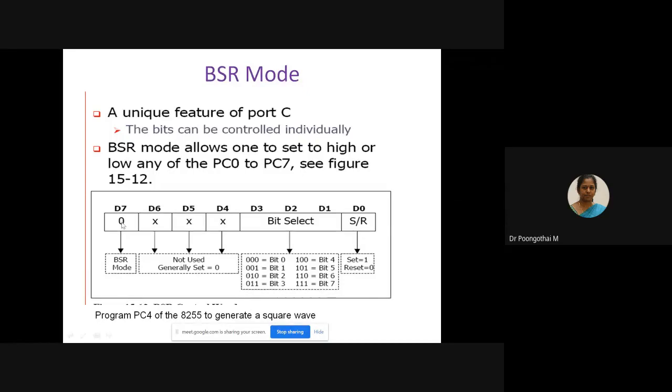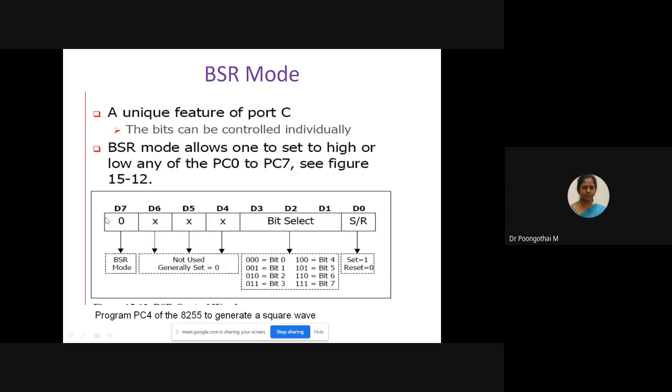D7 differentiates the IO mode set word from the BSR mode. If D7 is 0, then D0 to D6 determine BSR, that is port C set and reset. By using this control word, individual port C bits can be controlled.